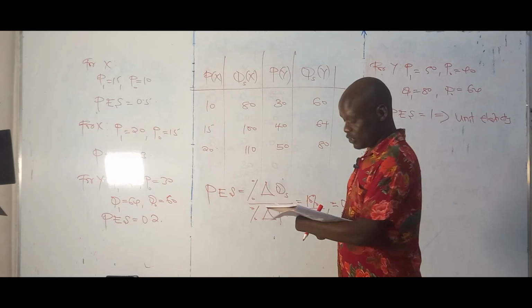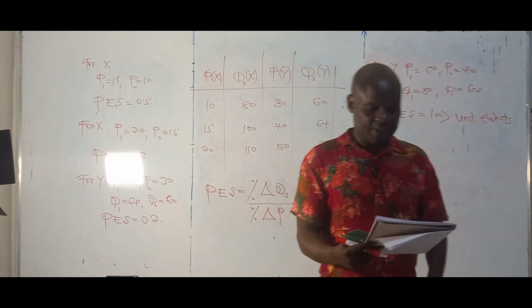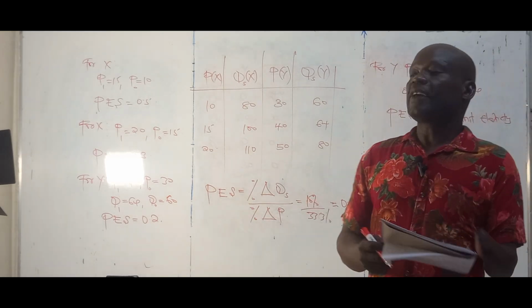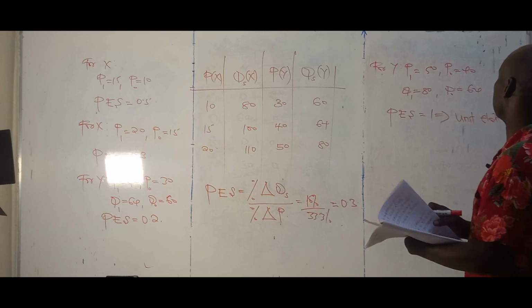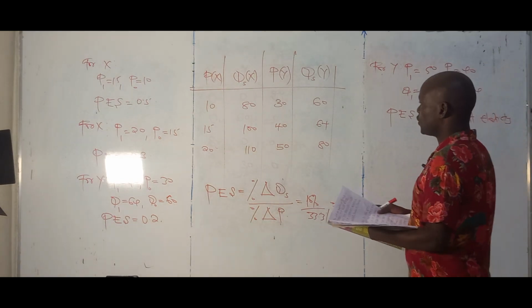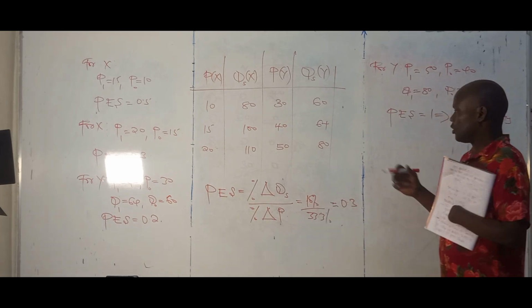But when price elasticity of supply is 1, it encourages suppliers to respond to the needs of demand in the market. So that is how you are meant to answer that question.